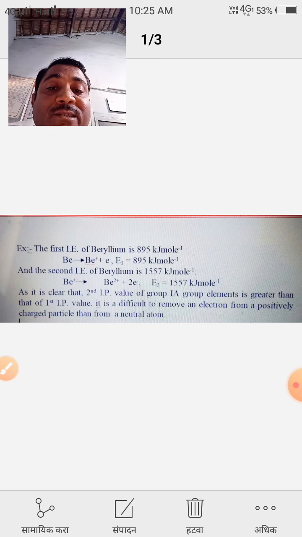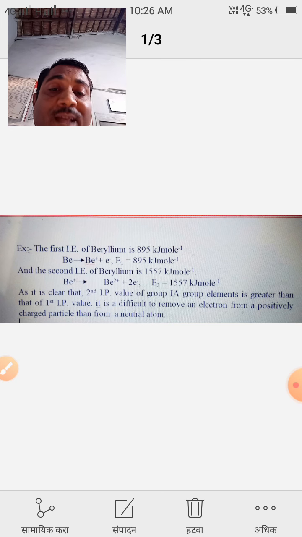The second ionization potential of beryllium is 1557 kilojoule per mole: beryllium positive ion changes to beryllium dipositive ion plus electron, and the second ionization potential is 1557 kilojoule per mole.